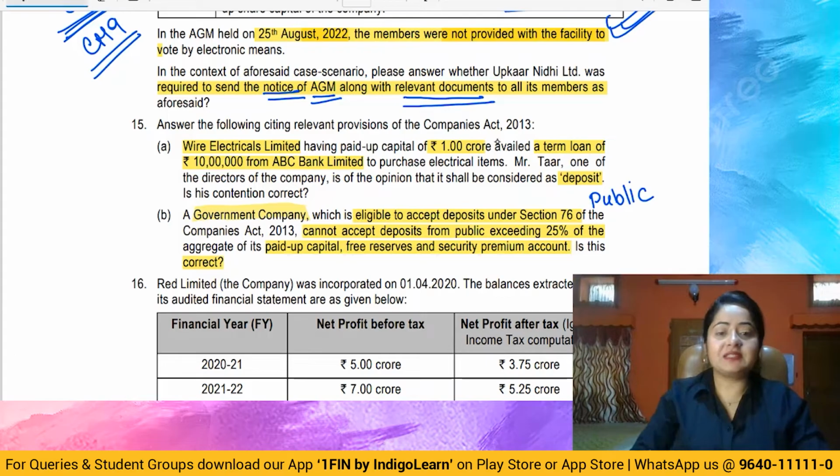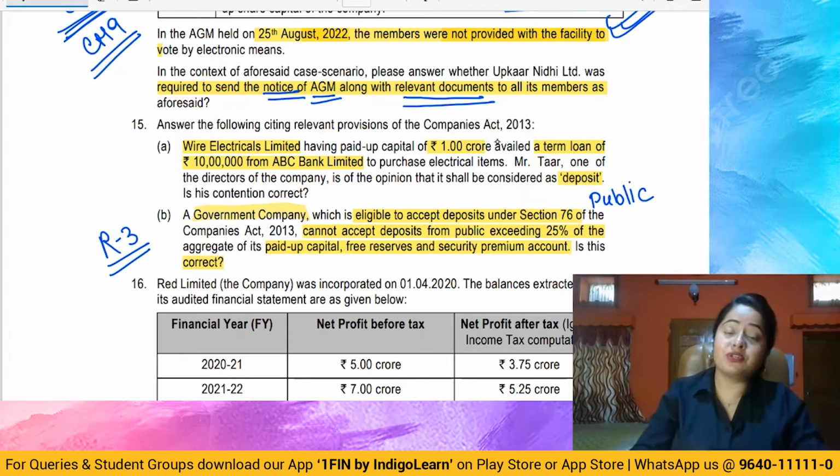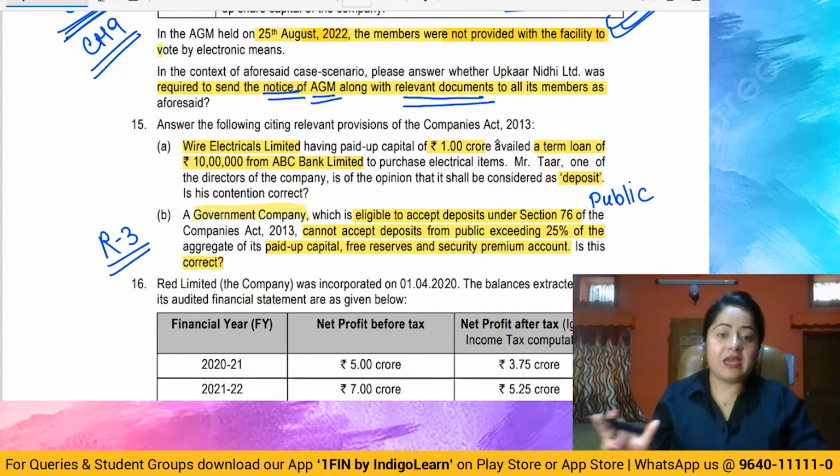So here we had discussed again acceptance of deposits. We had discussed rule number 3, which talks about the limits up to which a normal company which is eligible under section number 73 can accept deposits from members or from public. Okay, an eligible company under section 76, how much deposits can this company accept from members or from public?